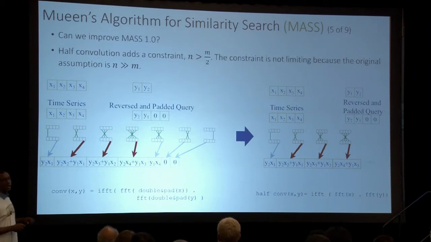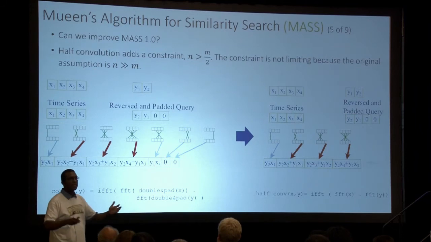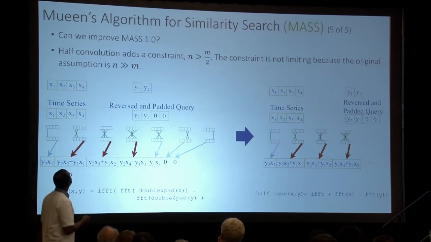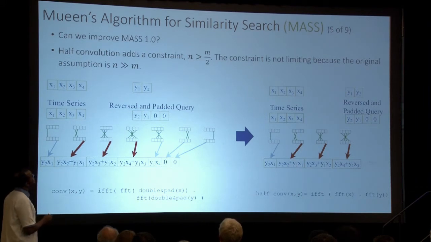So what does it add? We are saying that we'll not do something, but does it add some constraint? Yes, the answer is yes. So you add the constraint that n must be larger than m over 2. Oh, sorry, I think it's the opposite.